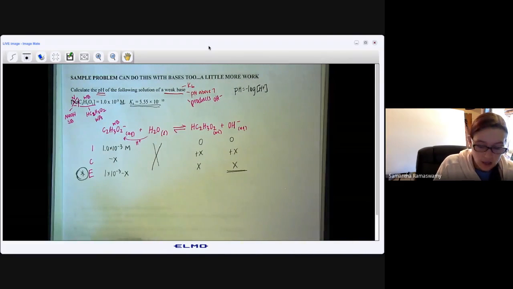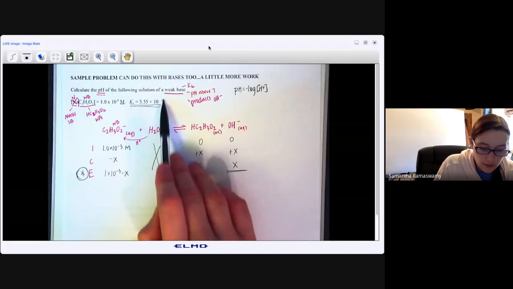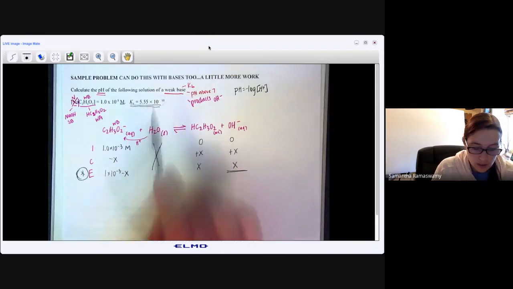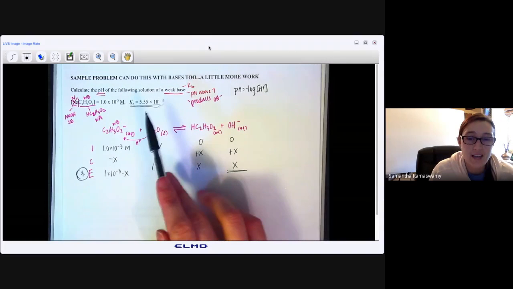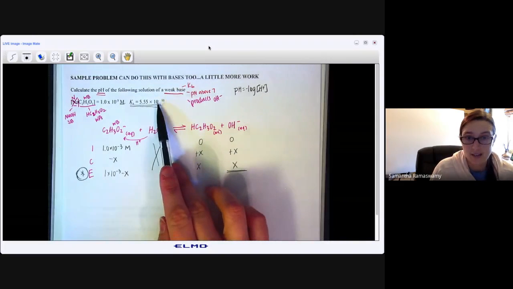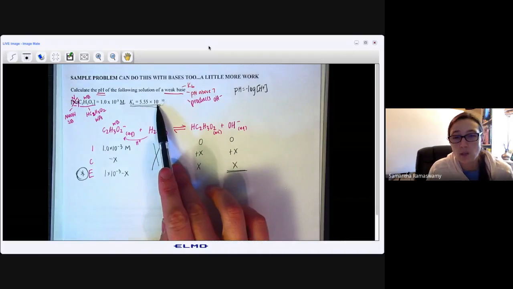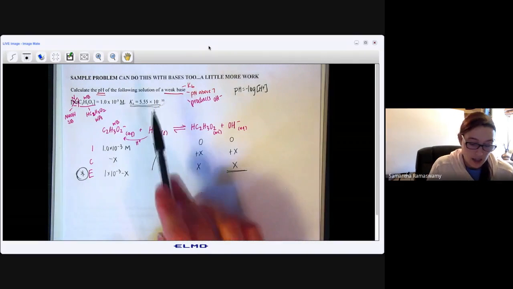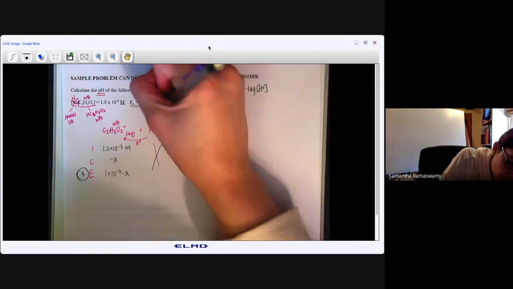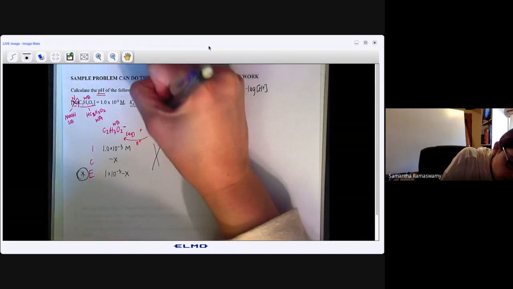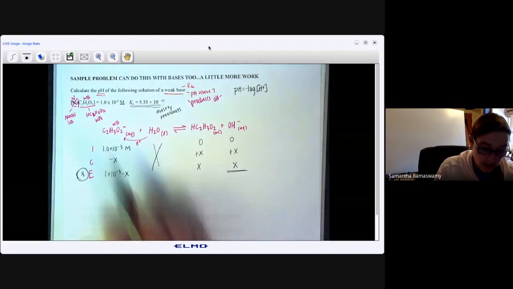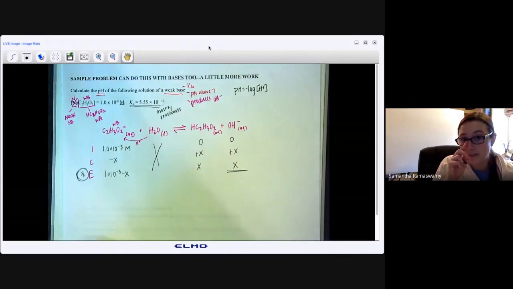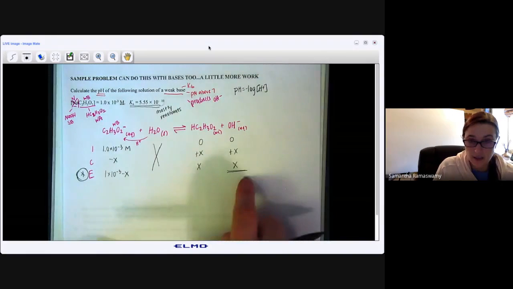So I want to point out the Kb value here. Kb is 5.55 times 10 to the negative 10. That's a tiny value of Kb. Right? This value of Kb tells me that I have mostly reactants at equilibrium. I actually have mostly weak base at equilibrium. Not very many ions at all.